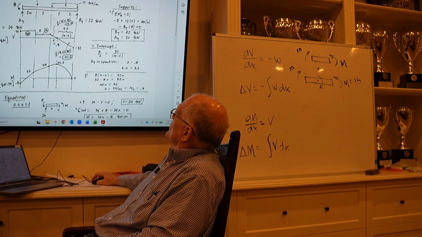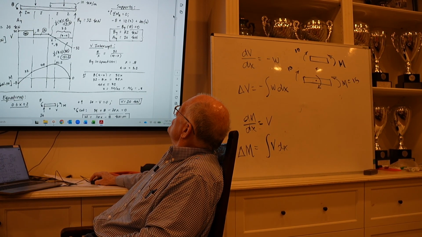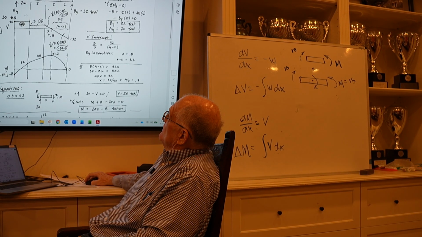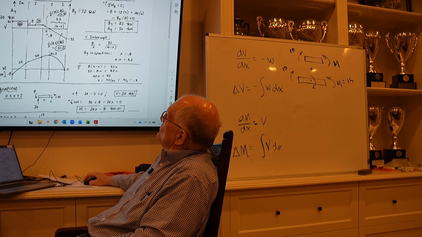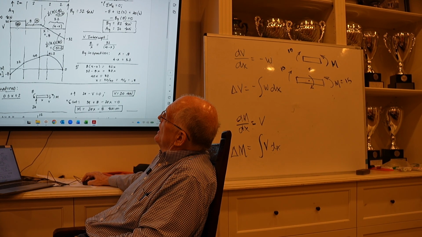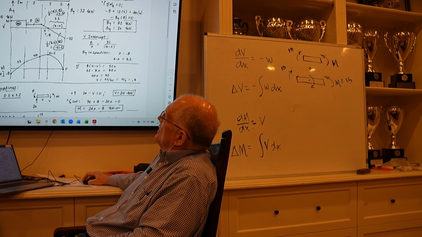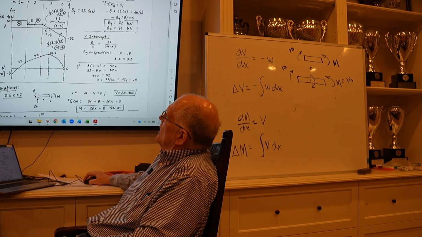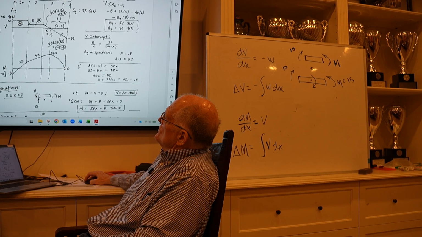But back to this question. The support reactions will be given to you. So AY is 20, BY is 32. And so the shear diagram is: we jump up 20 from the AY, it's constant. We jump down 12, which takes us to 8, which is constant.